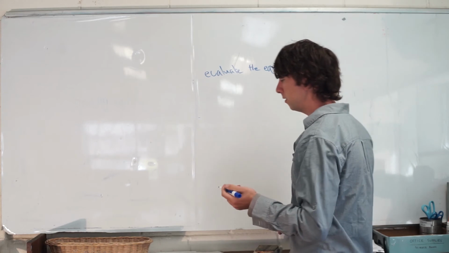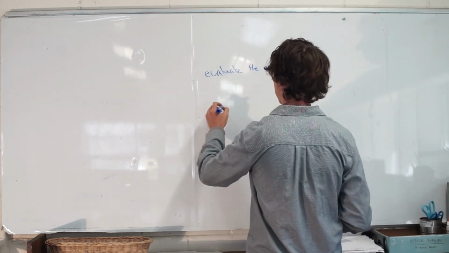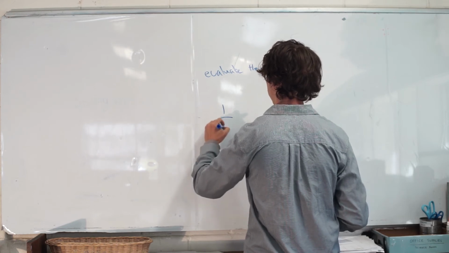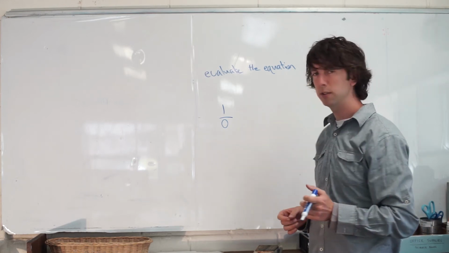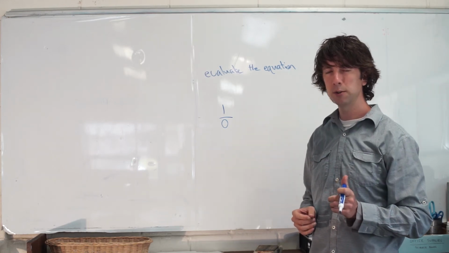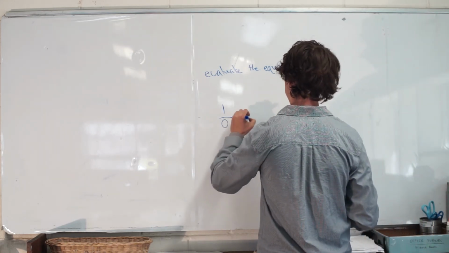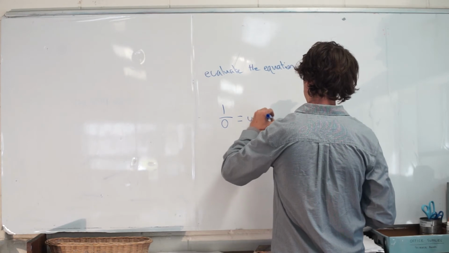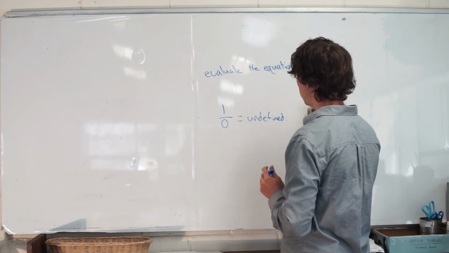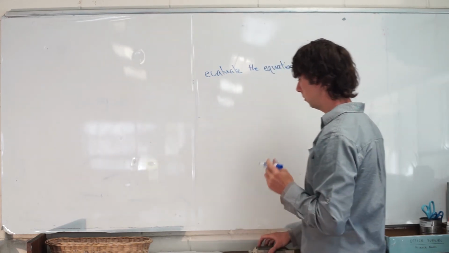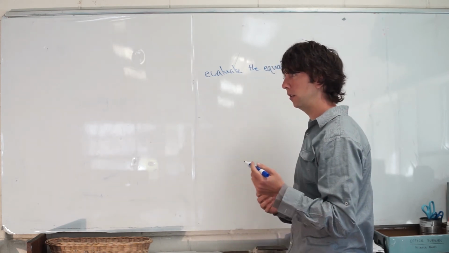Okay, and then there are other strange cases. Like for example, you might remember the value of this term is not infinity, nor is it 0, nor is it negative 1, nor is it any real number. We say it's undefined. So if you ever wind up with an equation that has something over 0 in it, it can't equal any number.